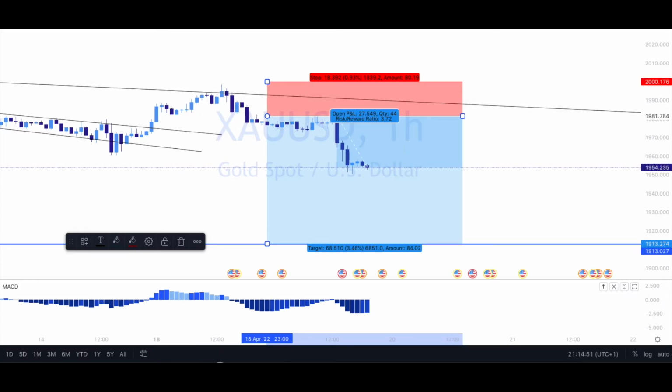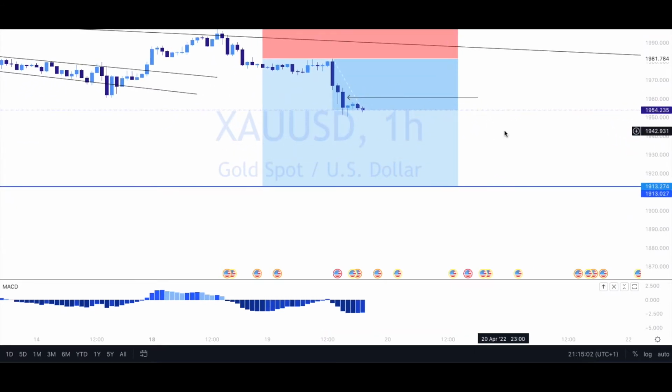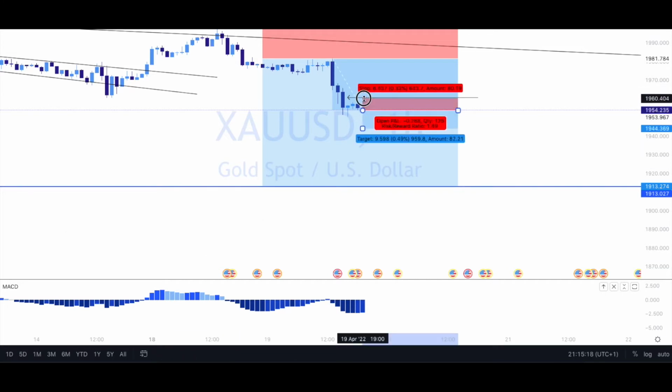I would bring in a trailing stop right here to cover this level, secure what I've made, and then I would bring in another sell right here, and I will cover to where my stop is.